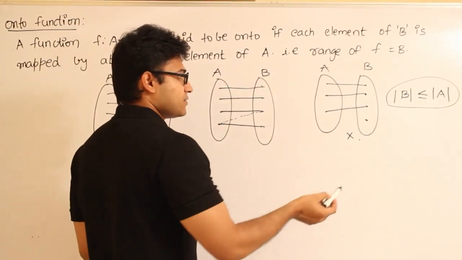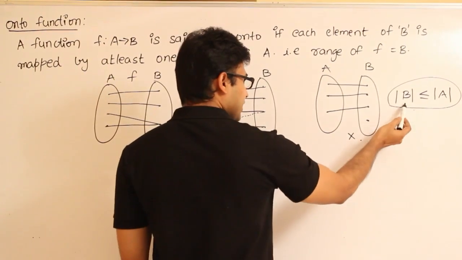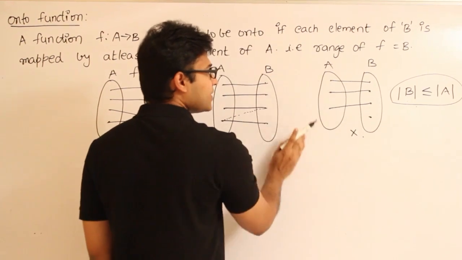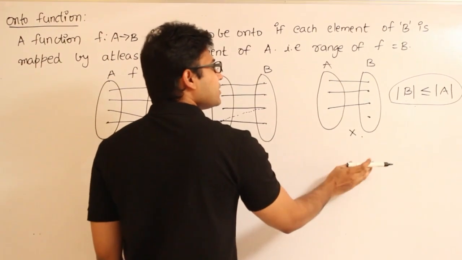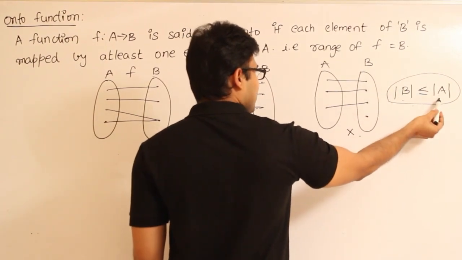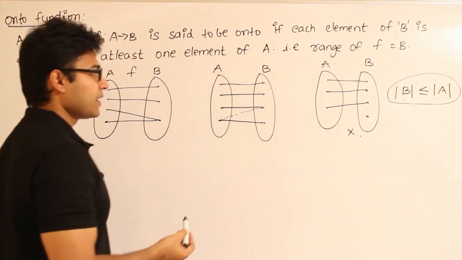But if it doesn't satisfy, then the function is definitely not onto. Are you getting it? If the number of elements in B is larger than the number of elements in A, you can directly say that it is not onto. But if the number of elements in B is less than the number of elements in A, you cannot directly declare that it is onto. You have to see the mapping and then answer it.